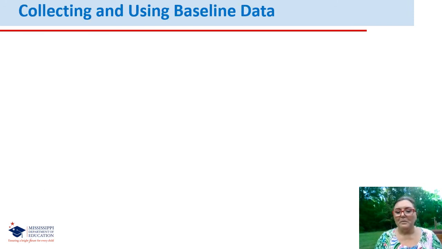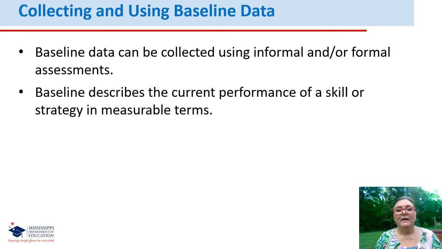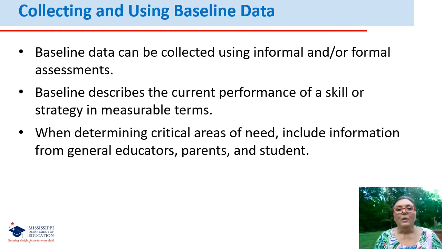So just a few reminders. First off, baseline data can be collected using either informal or formal assessments. It describes the current performance of a skill or a strategy in measurable terms. As we're looking at baseline and as we are determining goals, we have to look at those critical areas of need.